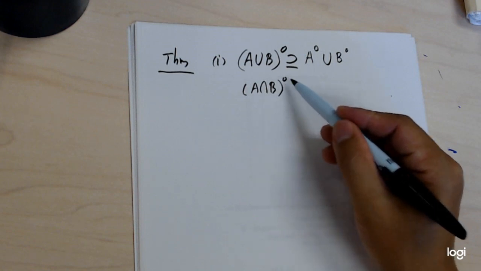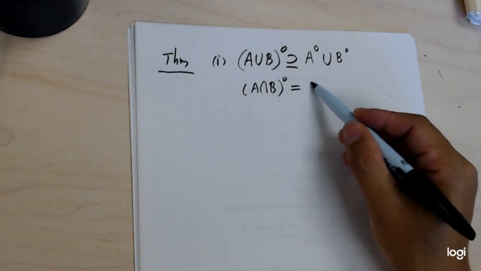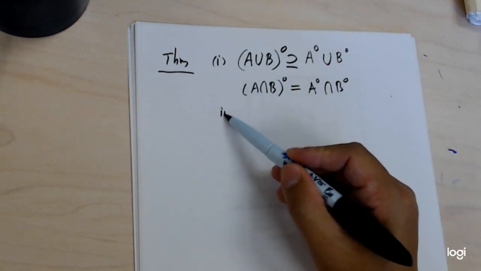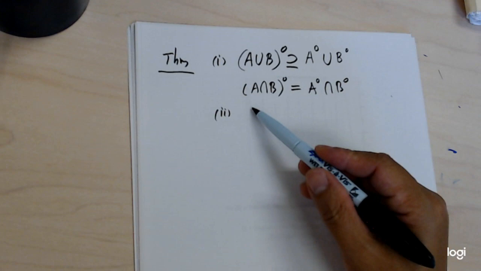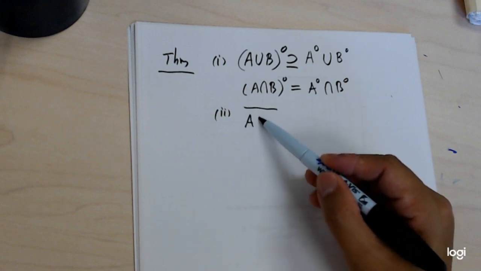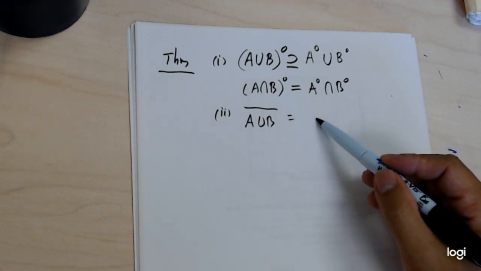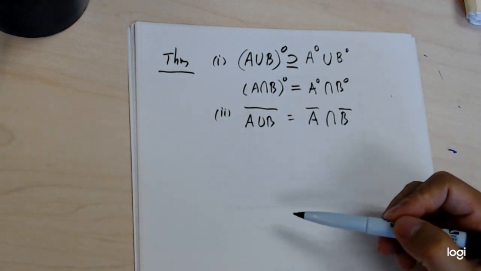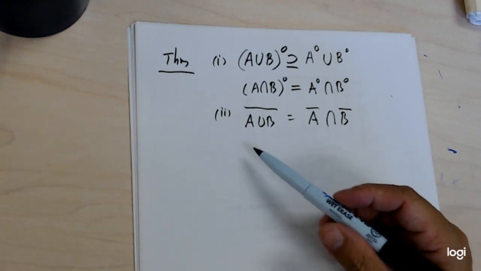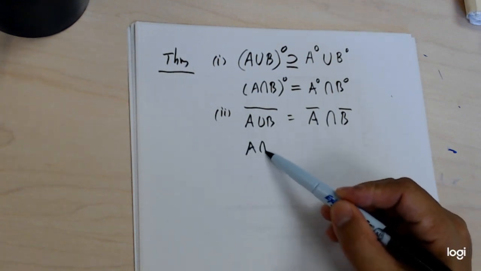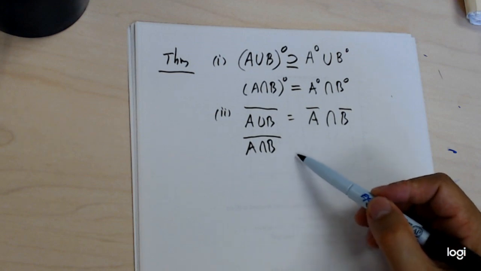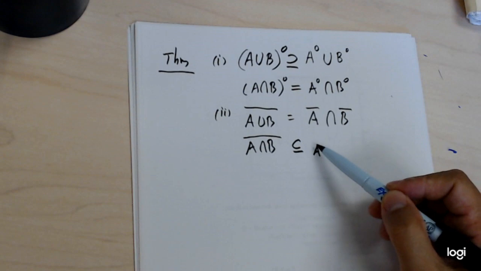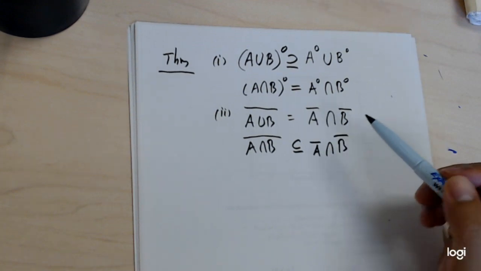The interior of the intersection of A and B turns out equal to the interior of A intersect the interior of B. The closure of A union B turns out to equal the closure of A union the closure of B. The closure of A intersect B turns out to be a subset of the closure of A intersect the closure of B.